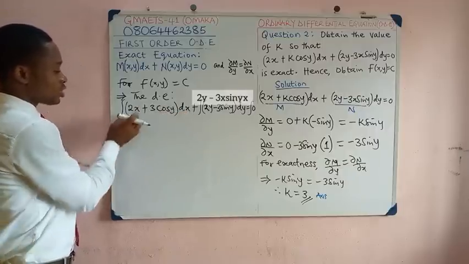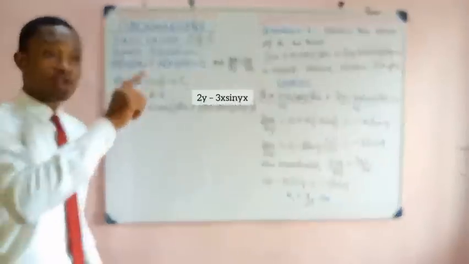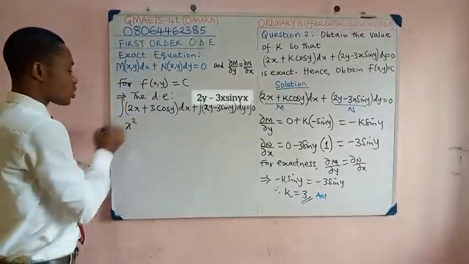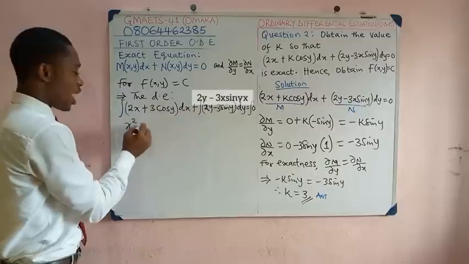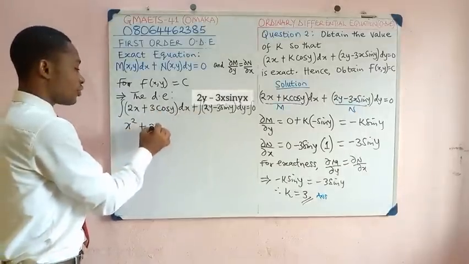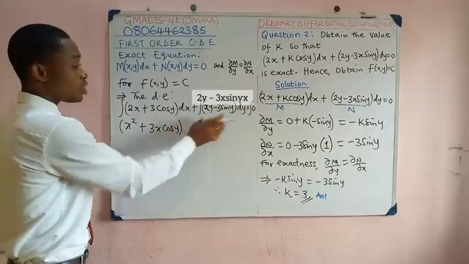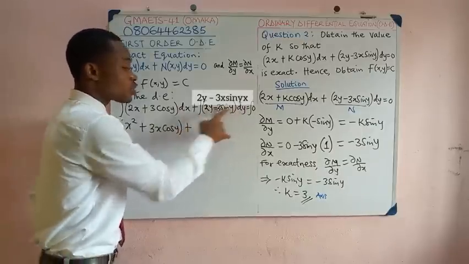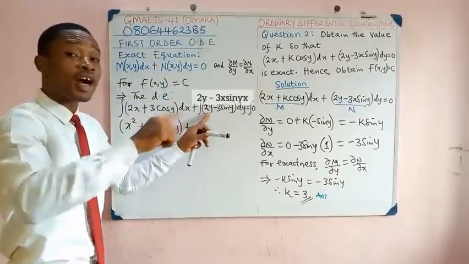With respect to x. Coming over here, if you integrate 2x with respect to x, it is going to give us 2x squared over 2, which eventually becomes x squared. And then integrate this 3 cos y with respect to x is going to welcome back the variable x, and that is 3x cos y. Good. We're done with this part. We'll come to this, and then we're going to integrate 2y with respect to what? Y. That's going to give us 2y squared over 2.